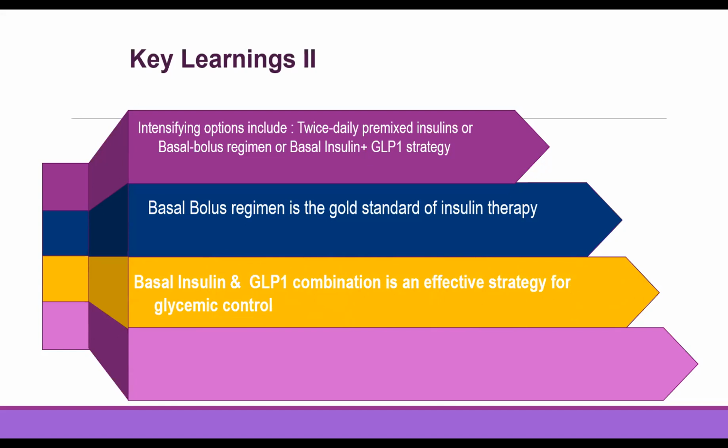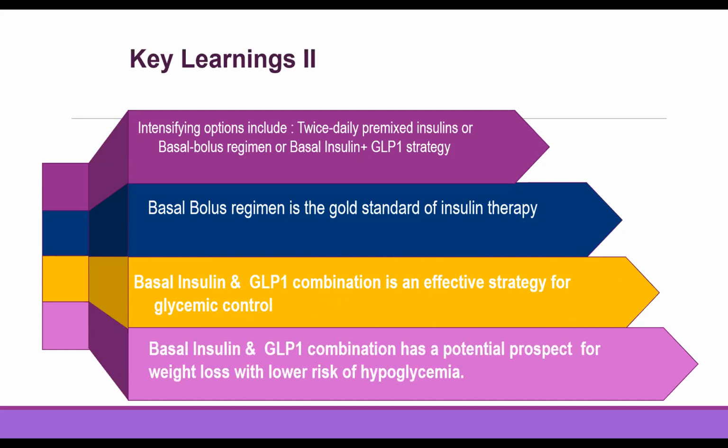Basal insulin and GLP-1 combination is also a very effective strategy for glycemic control, because they are very, very complementary to each other. And basal insulin and GLP-1 combination has a potential prospect of weight loss with lower risk of hypoglycemia. That is an added advantage of this combination therapy.